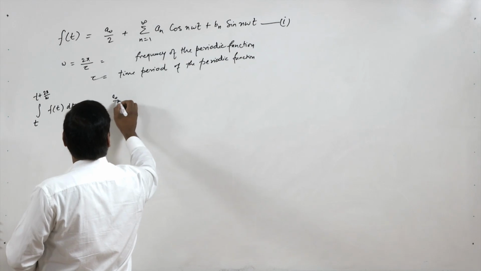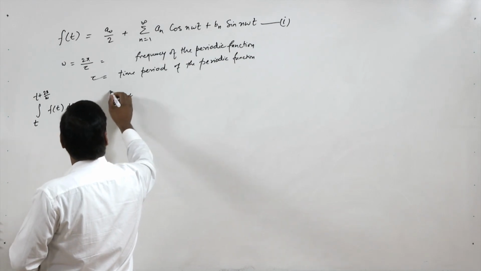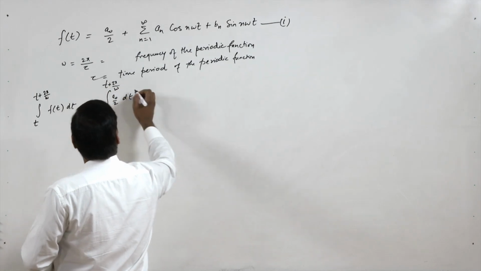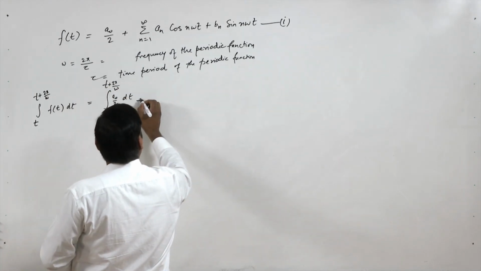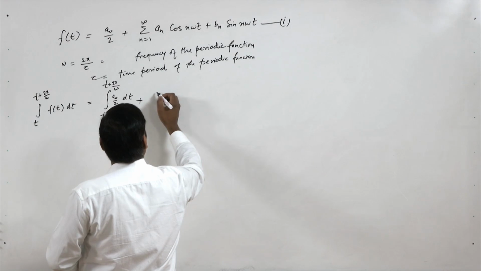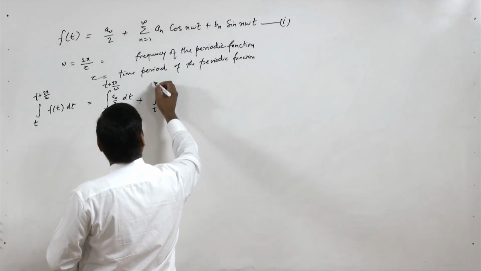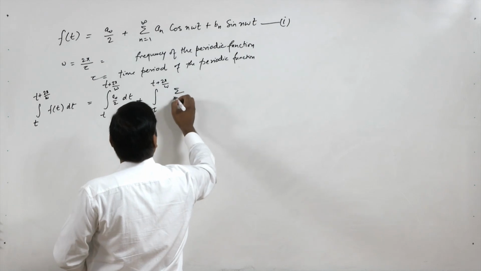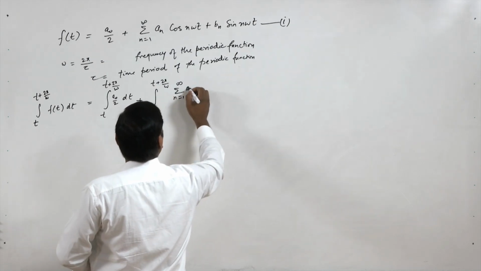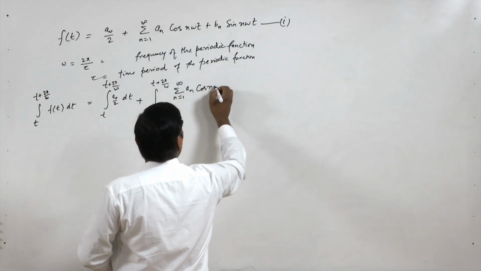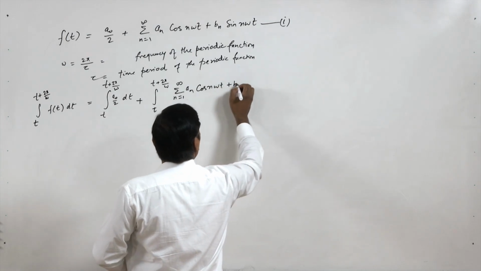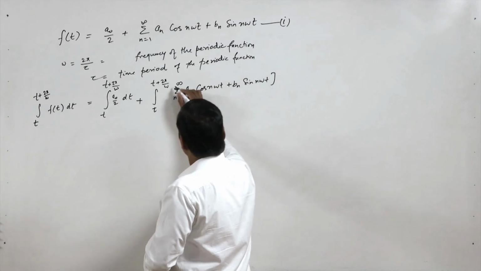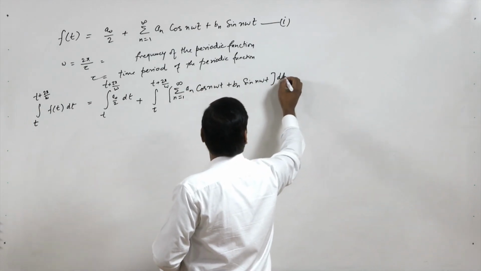So, a0 by 2 dt from t to t plus 2 pi by omega, and then plus we integrate from t to t plus 2 pi by omega sigma n equal to 1 to infinity, a_n cos n omega t plus b_n sin n omega t dt.